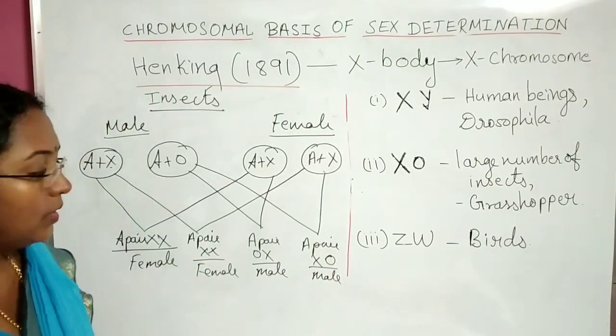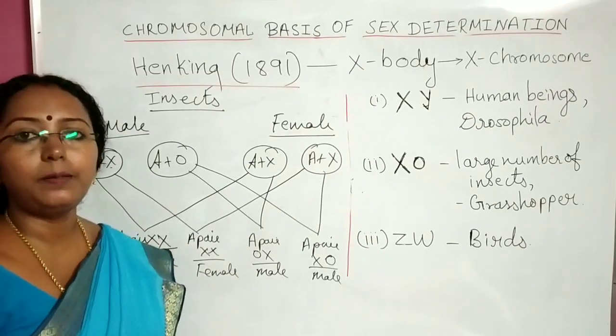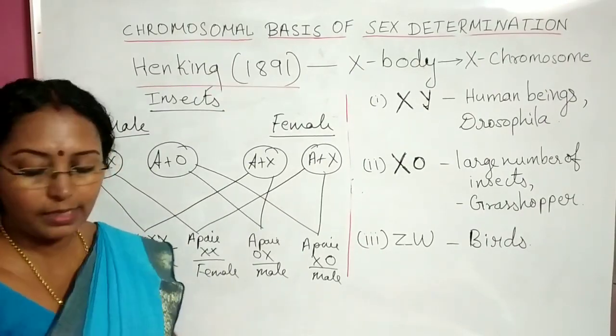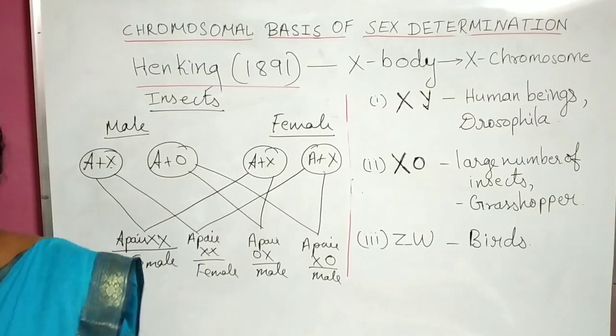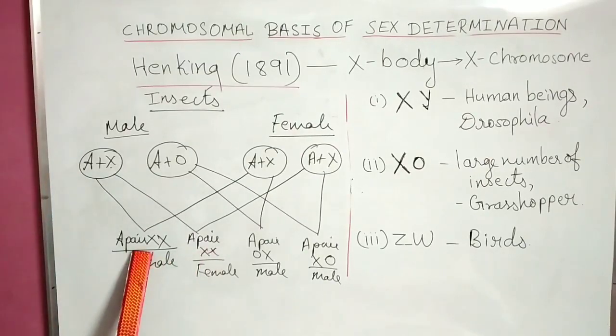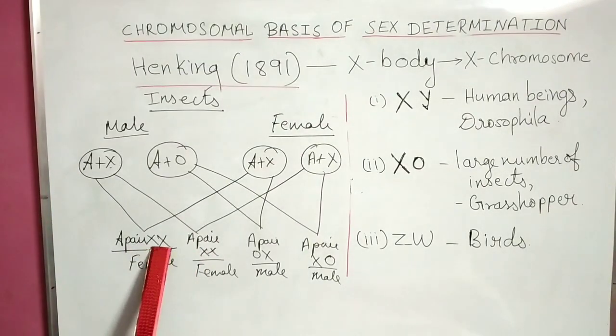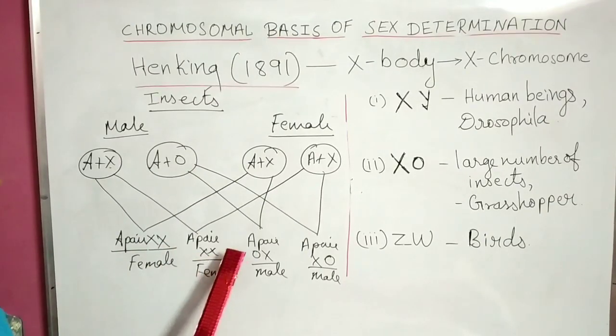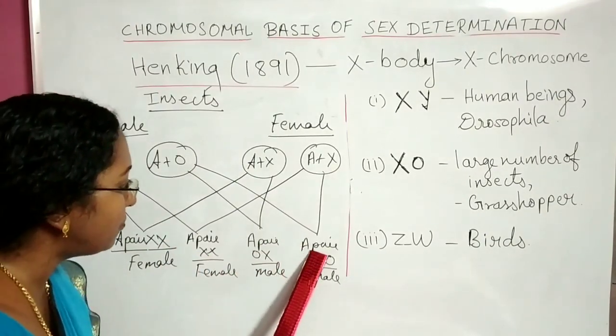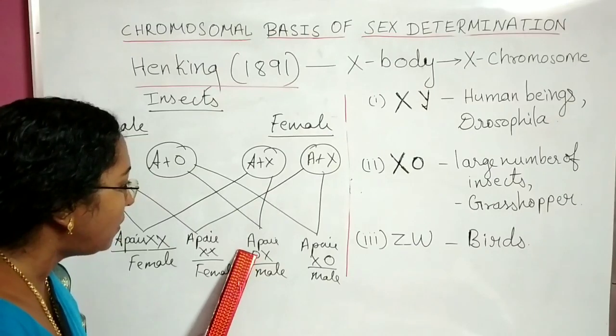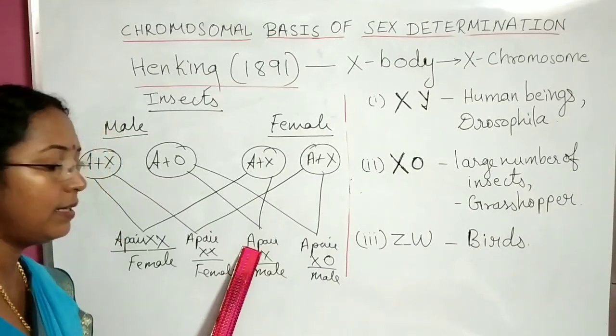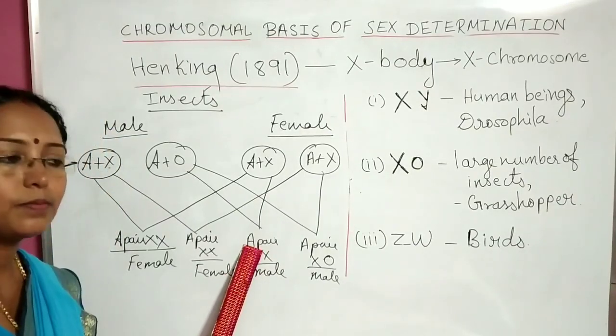So here, there is one more observation that you can make. What is that one more observation? In the case of females, you have a pair of autosomes and 2 X chromosomes. Here in males, a pair of autosomes are there, but only 1 X chromosome. Another chromosome is not there.